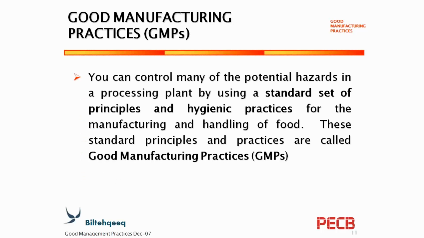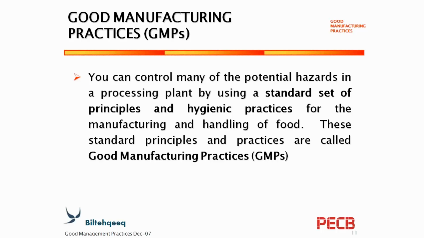And if we look at good manufacturing practice, using good manufacturing practice you can control many of the potential hazards in a processing plant by using a standard set of principles and hygiene practices for the manufacturing and handling of food.